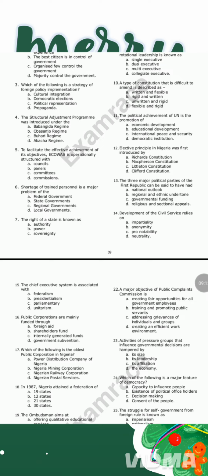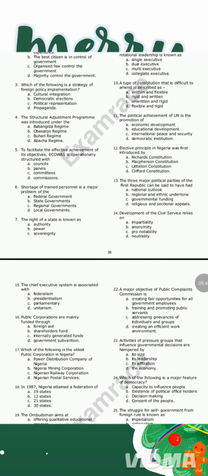The most notable achievement of military government in Nigeria is state creation, because virtually, if not in fact, all the states in Nigeria are a creation of the military administration. So we are yet to see a civilian government creating states, although there is a new bill now in the National Assembly for new state creation during the Tinubu administration. So let's see how it goes. Anyway, let's get back to the question.